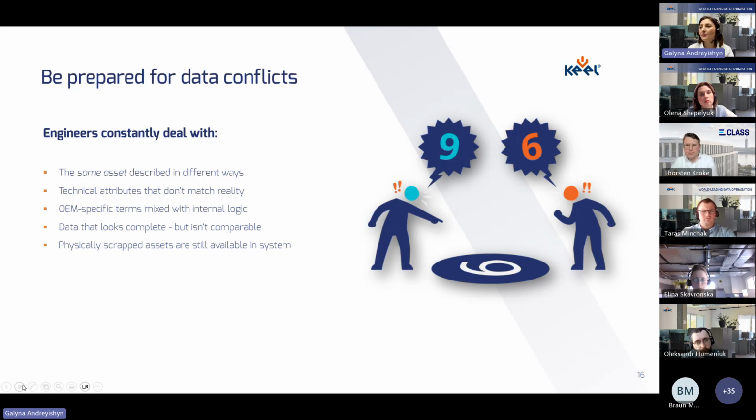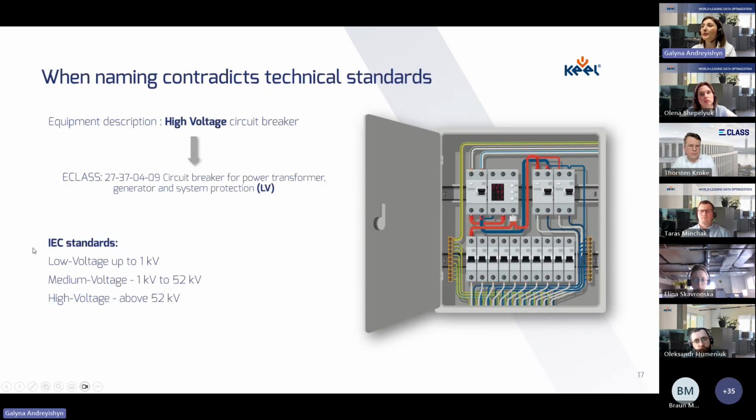I've prepared one example. This is a very typical real life conflict. The equipment description says high voltage. But during analysis, we find out that in values was mentioned a technical rating of 220 volts.